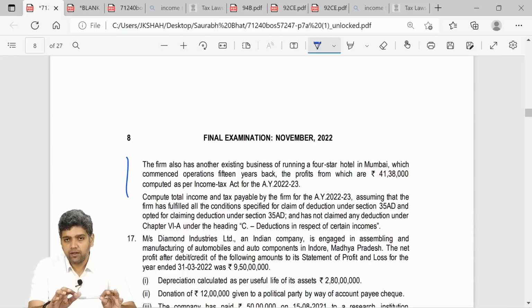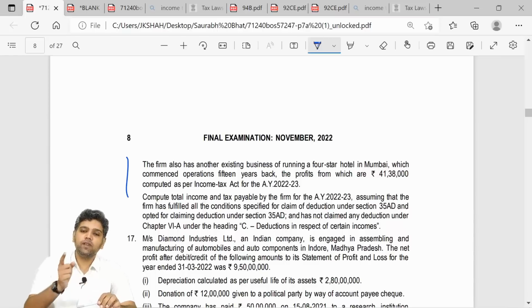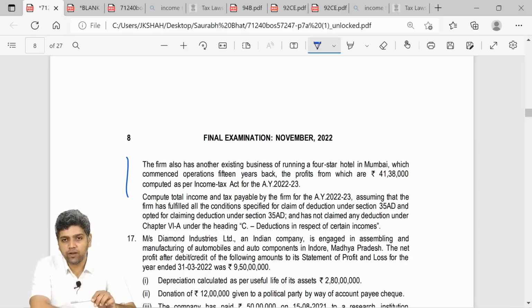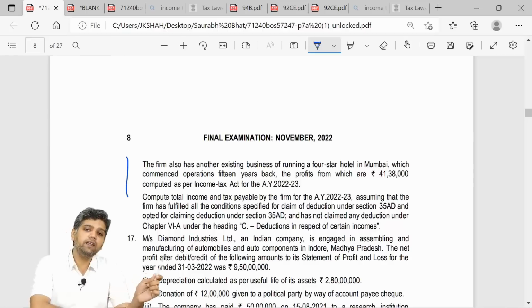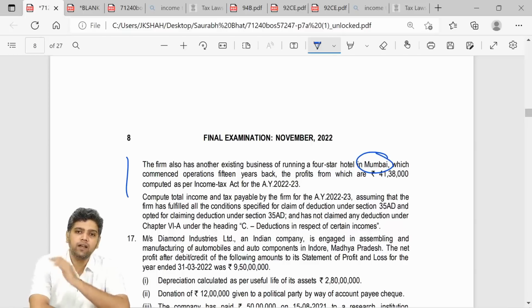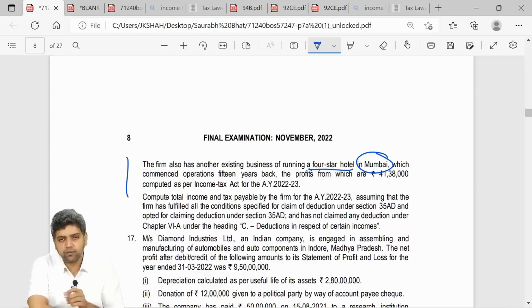It is not necessary that the specified business against whose profits you are setting off the losses is also availing 35 AD. Means on this Mumbai hotel, even if you are not availing 35 AD, that is fine. But is it a specified business? Yes, because it's running that 4-star hotel.